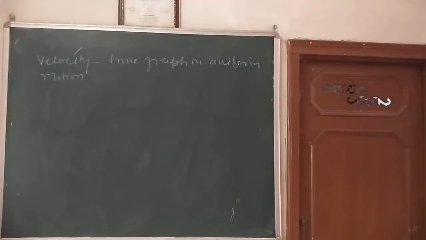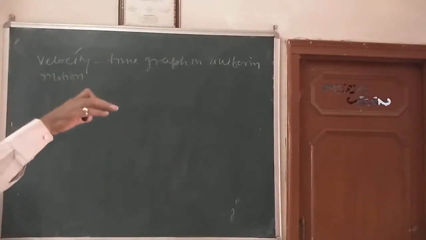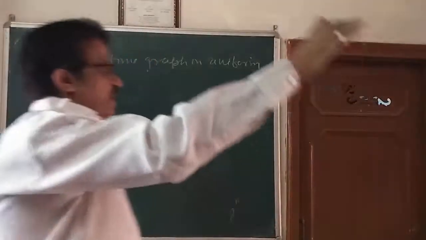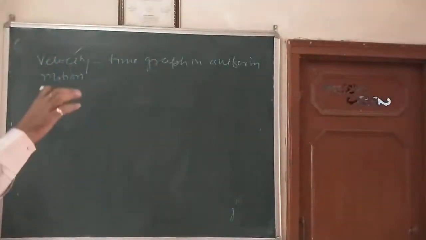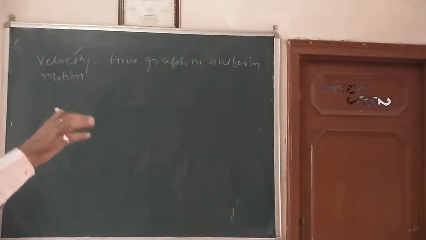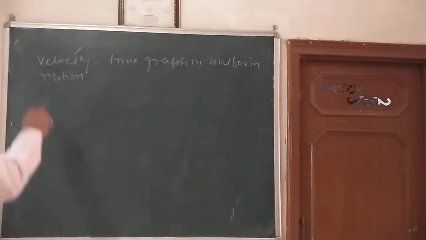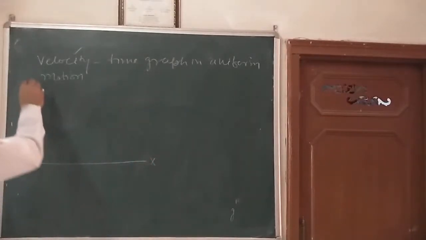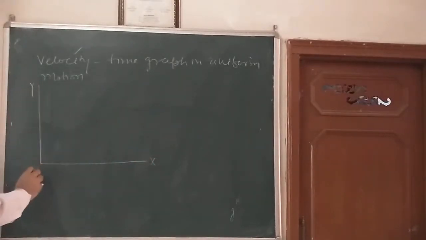As you can see, according to our article, consider an object that is moving with a uniform velocity v along a straight line, say OX. And if I draw a graph here, say it is x-axis, it is y-axis, this is our origin.